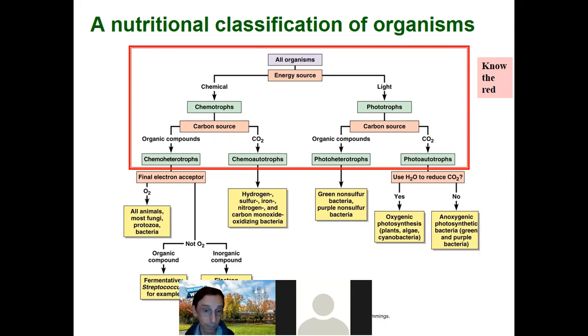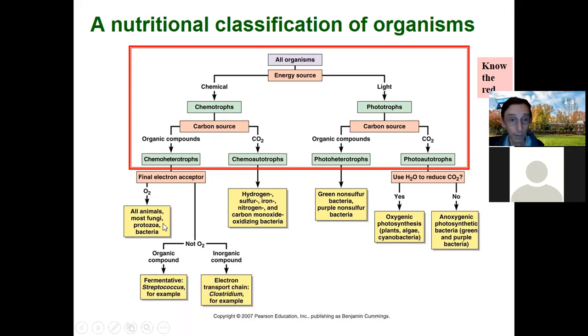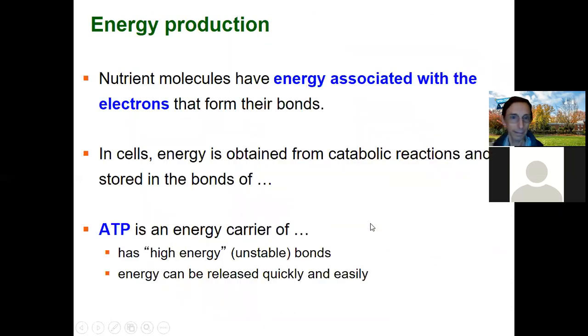You can also split, this isn't shown here, you can also split the chemoheterotrophs into those getting their, let's see, is it their energy needs? Let me think if I remember this right. They're getting their electrons from an organic chemical compound such as glucose, and that will be us. And I think I've got that shown on the next slide here.